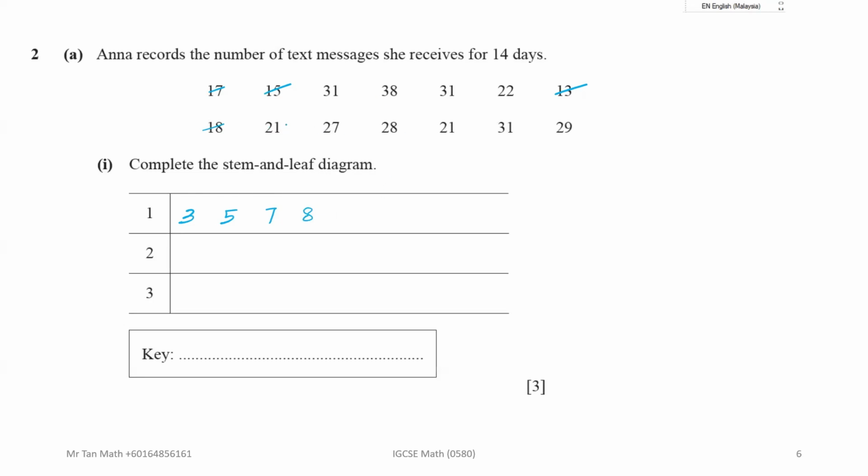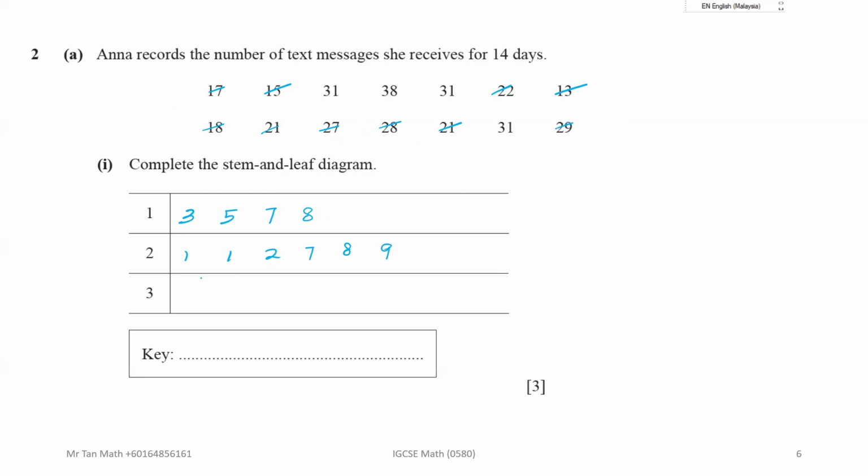For 2, so 22, 21, and another 21, then 22, 27, 28, and 29.